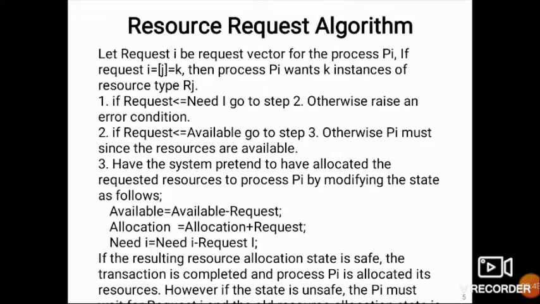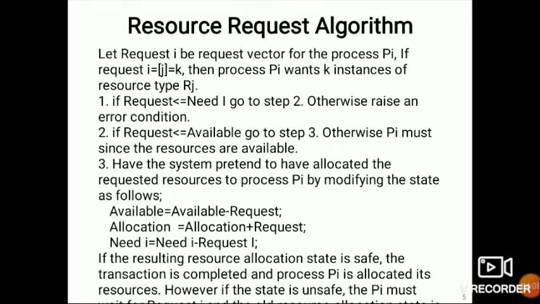Step 3: the system pretends to have allocated the requested resources to process Pi by modifying the state as follows. Available equals available minus request, allocation equals allocation plus request, need equals need minus request.